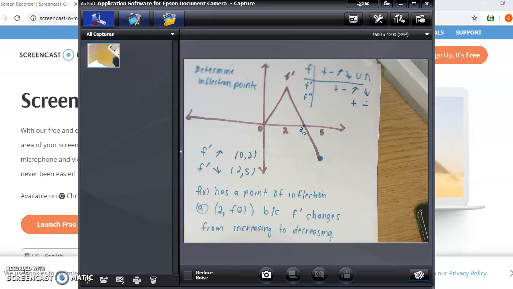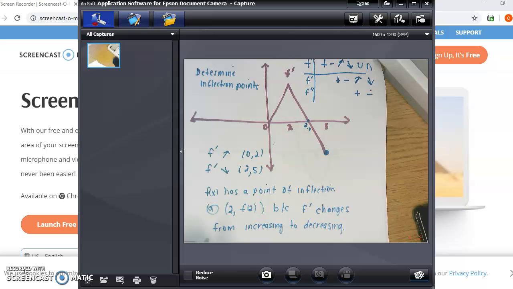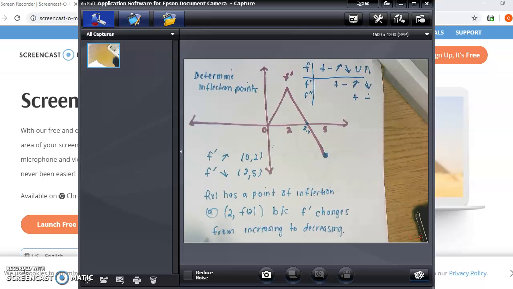So this is a point of inflection when x is equal to 2.